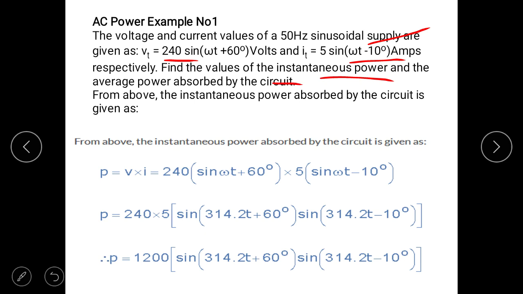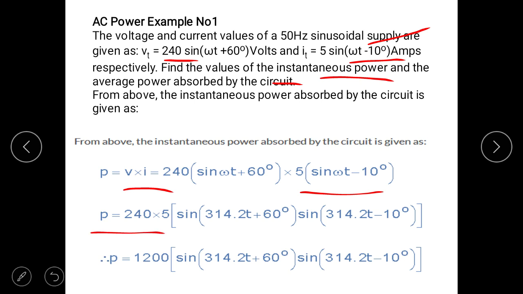Now the solution: the instantaneous power absorbed by the circuit is given by P is equal to V into I, that is equal to 240 sin(omega t plus 60 degrees) into 5 sin(omega t minus 10 degrees).